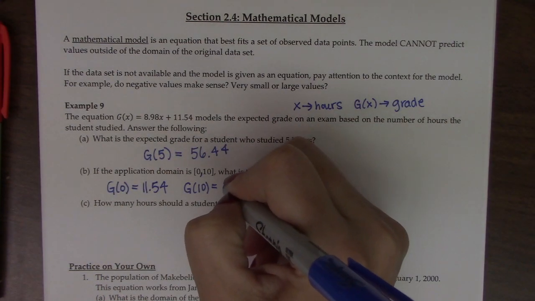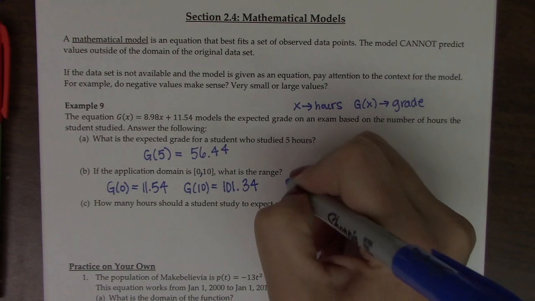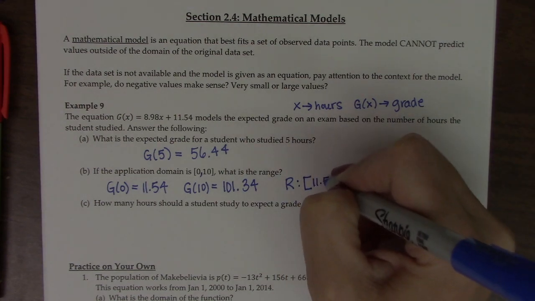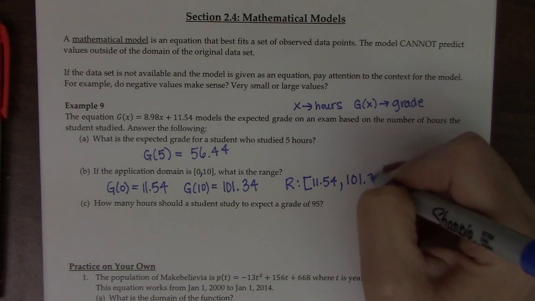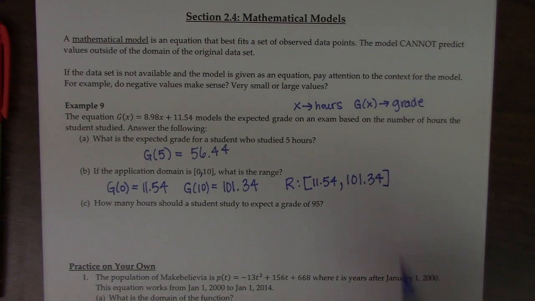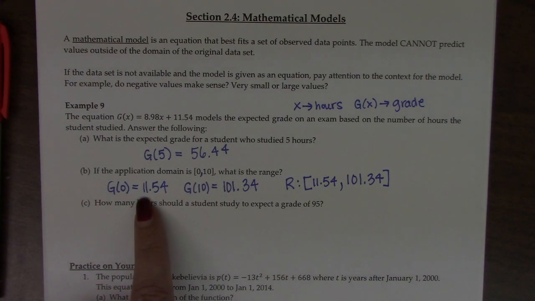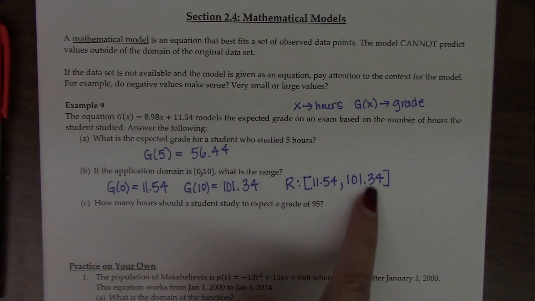And if a student studied 10 hours, they would expect to get a grade of 101.34. The range must be written in interval notation. Since 0 and 10 were included in the domain, I have to include these values in the range. Notice this was bracket, bracket, so I need a bracket and a bracket.